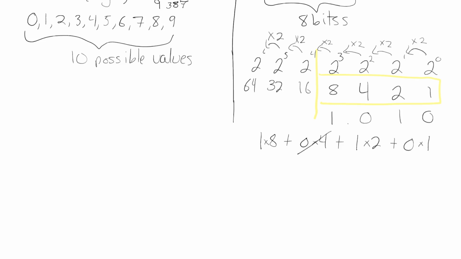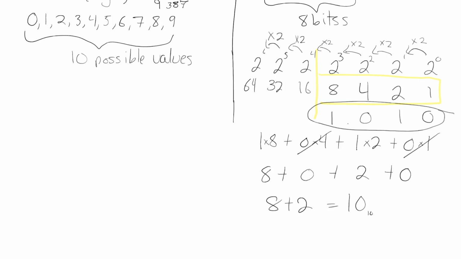So this simplifies, we can cancel those because they're just 0, we're just adding 0. So we get 8 plus 0 plus 2 plus 0, which is really just 8 plus 2, which gives us 10 in base 10. So that's the decimal conversion. So 1010 in binary, as we saw here, is equal to 10 in base 10.